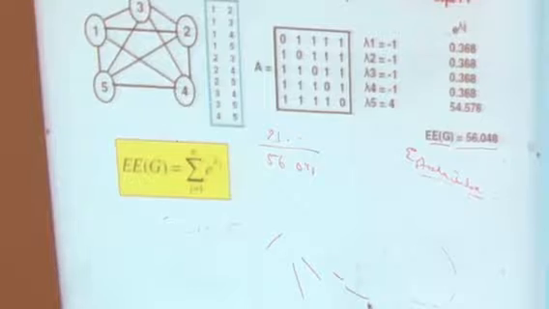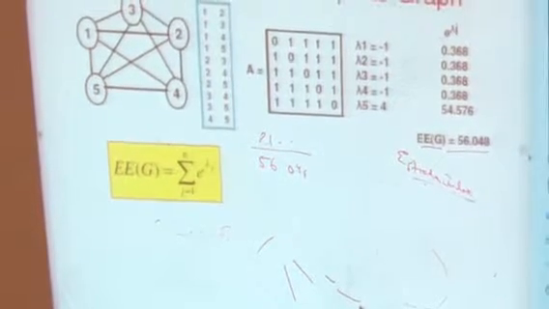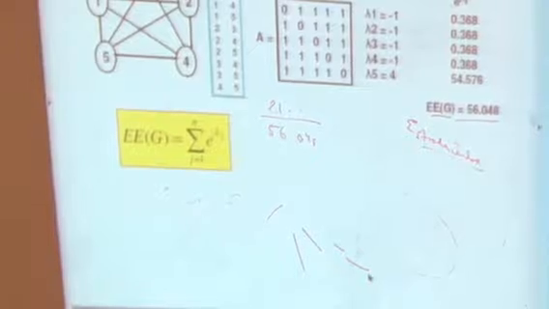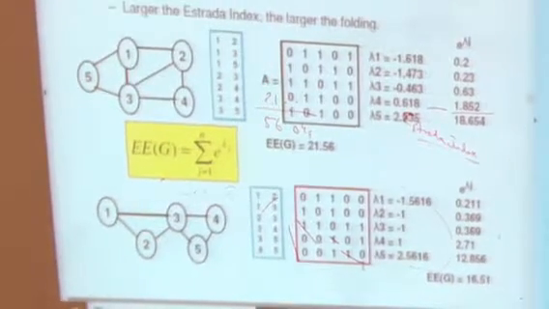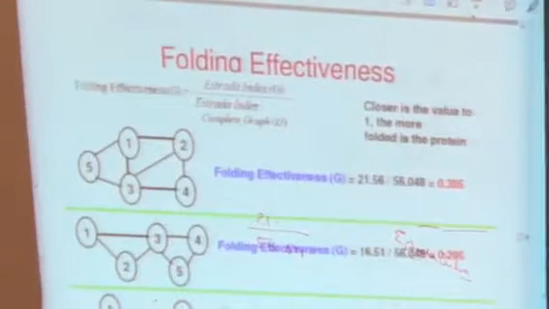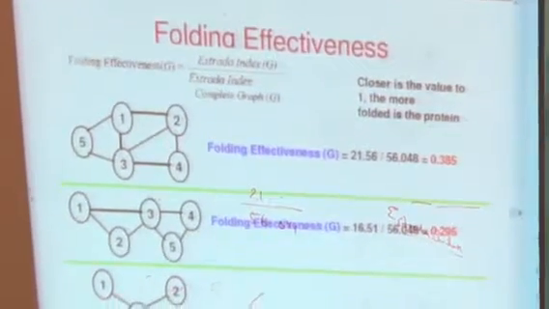Write down the adjacency list, run it through the program, find its eigenvalues and the e to the power of eigenvalues. Sum them up. That's the Estrada index for this complete graph. So now you've got the numerator and the denominator: 21.56 for the given graph and 56.048 for the complete graph with the same number of vertices.